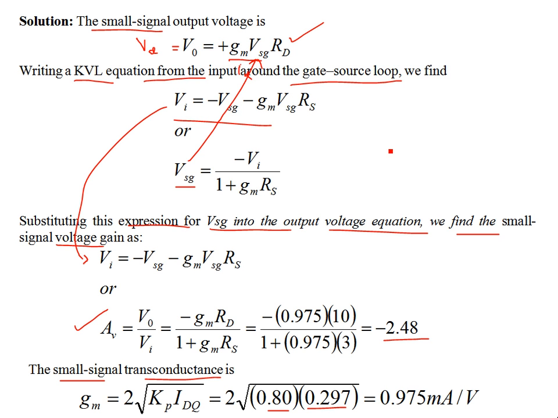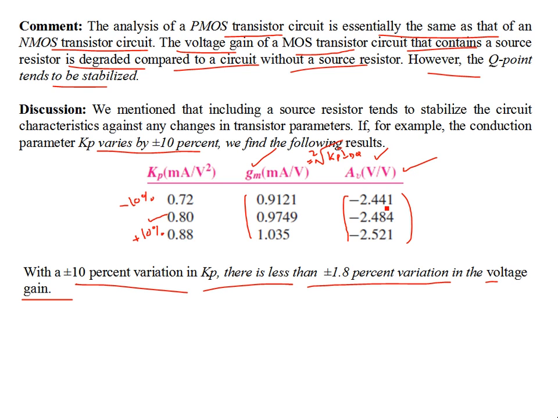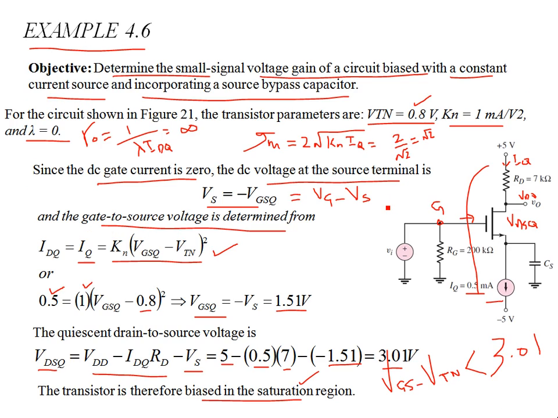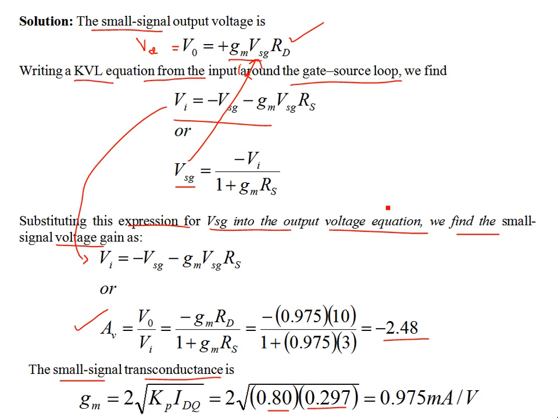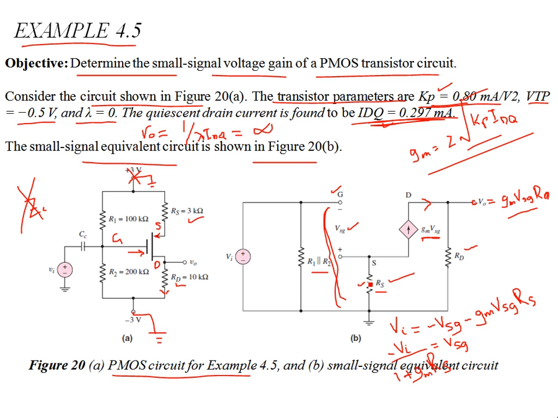If you don't have the bypass capacitor, you reduce the voltage gain. Although your Q point is stable, your voltage gain is reduced. If you have a bypass capacitor, the source is at ground, and all the input voltage is available across the resistor that appears at the gate terminal.